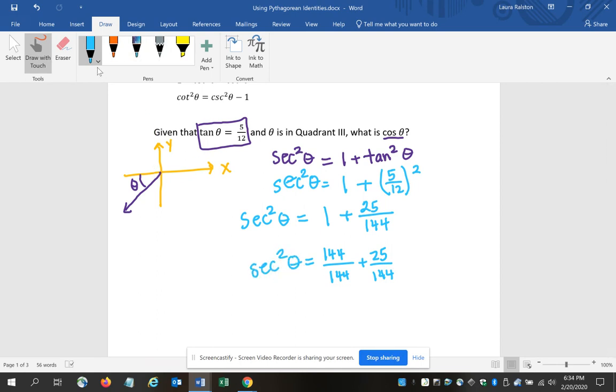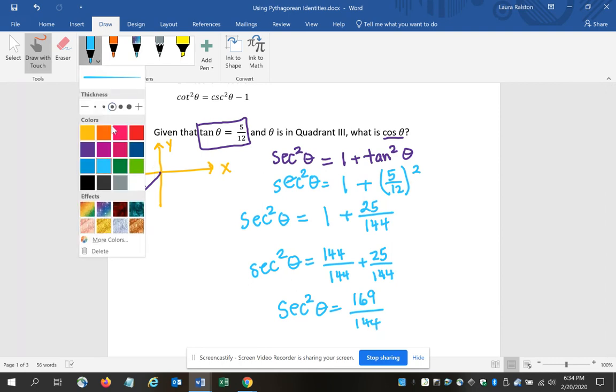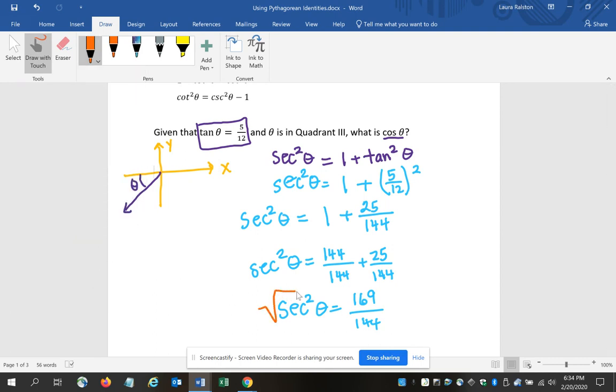So then I'm going to do the addition. Okay, so I have secant squared theta is 169 over 144. But that's secant squared. Remember, I'm not looking for secant squared. I want plain old secant. Really, I'm looking for cosine, but I'm going to end up here with secant.